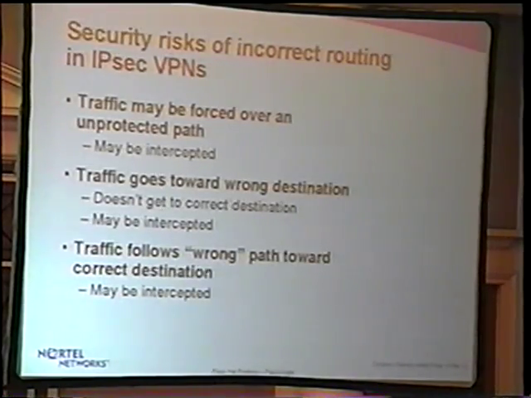So the biggest issue when you're using dynamic routing with IPsec is that the traffic might be forced over an unprotected path. If the routing can be fiddled with or affected, then the traffic could go toward the wrong destination where it might be intercepted.